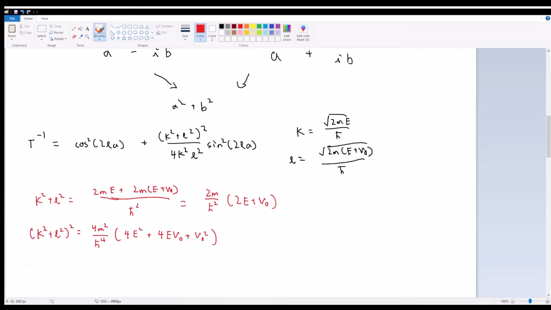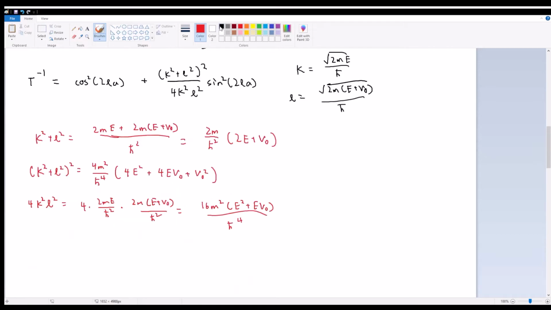Similarly, 4 times K squared times L squared is going to equal 4 times 2mE over h bar squared times 2m(E plus V naught) over h bar squared, which is going to equal 16m squared (E squared plus E V naught) divided by h bar to the 4th.